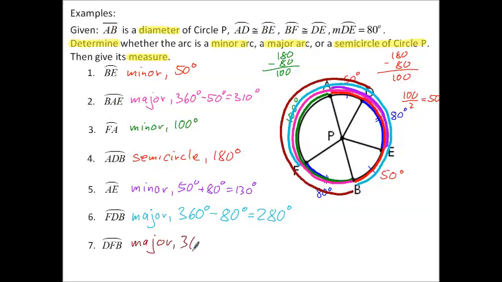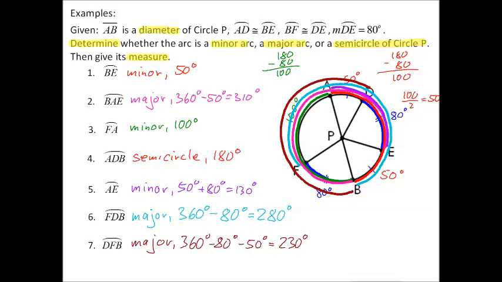So 360 degrees minus 80 degrees and minus 50 degrees. So that will give us 230 degrees.